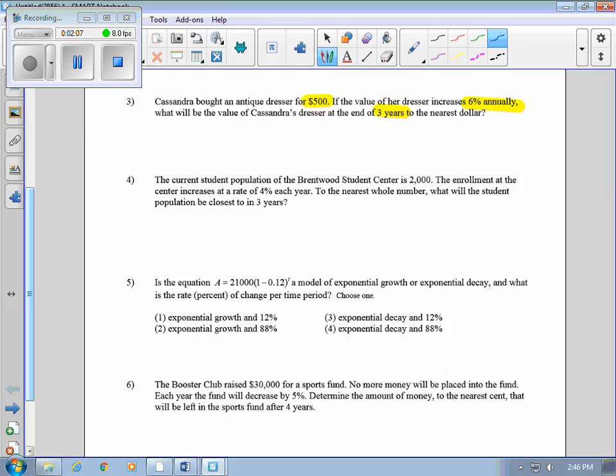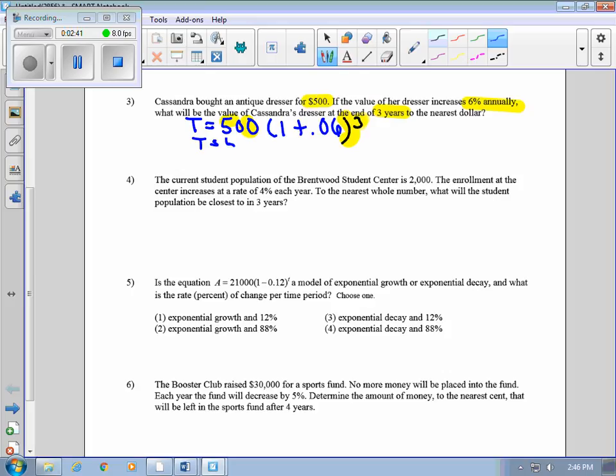So let's go ahead and write out our formula. T equals 500 times, we have our 1, plus we're increasing here by 6%, so 0.06, parentheses to the third. And then we rewrite that because we have to combine.